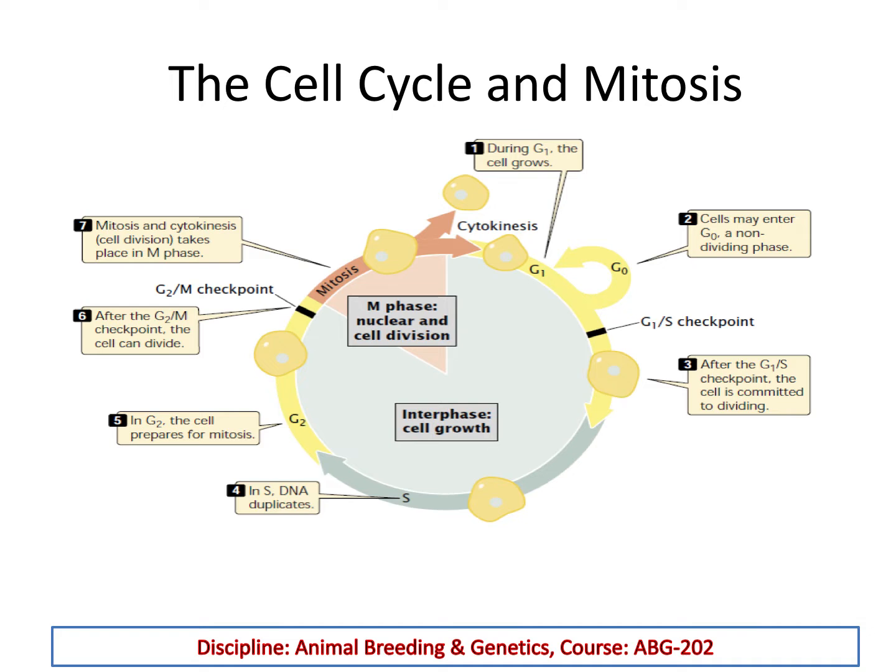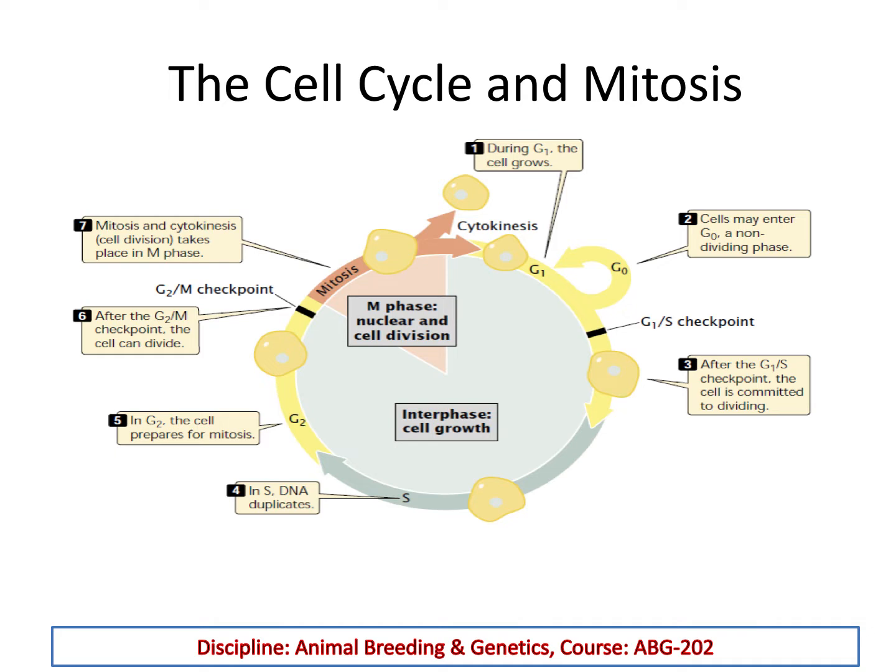So after the cell passes through the M phase, and two cells are produced in the body or in the tissue, the cell has two fates.